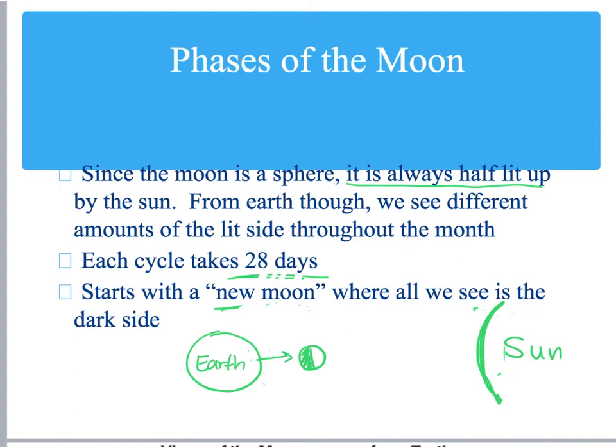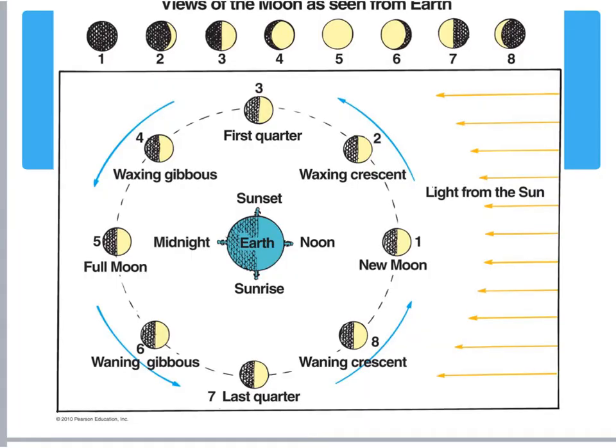So new moon is right there. So, kind of what I was doing earlier, light from the sun. Sorry, that's a horrible circle, but the sun is right there. The moon is going around the Earth. Notice how the same side is always lit up.